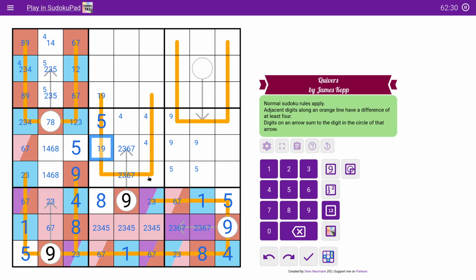I think I discussed before that 9 here is impossible. 9 would make these 6, 7. 1, 2, 3. 1, 2, 3. 6, 7, 8. 1, 2, 3, 4. 6, 7, 8. So that's a 4.